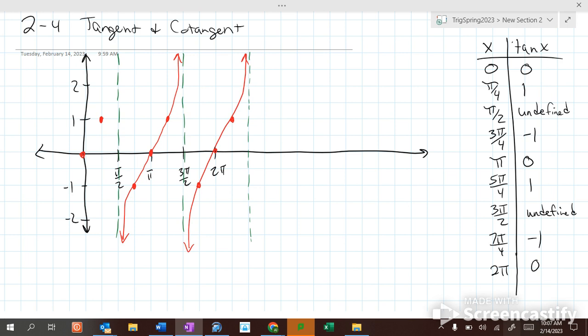Positive slope, because it's always going up. So y equals a tangent of x is that curve. Okay? Are we good? Okay, now let's do the cotangent curve.